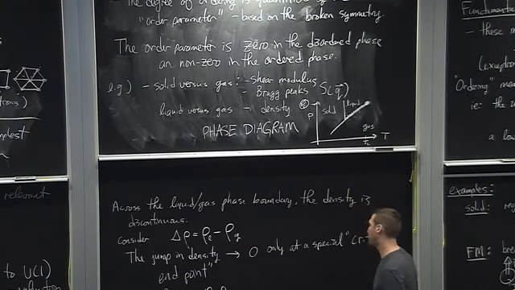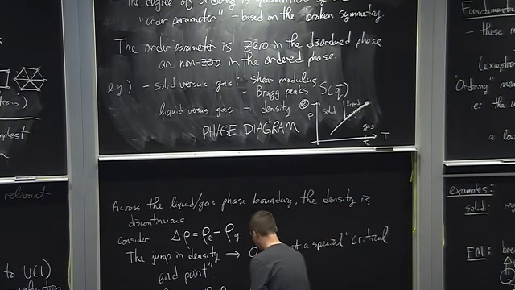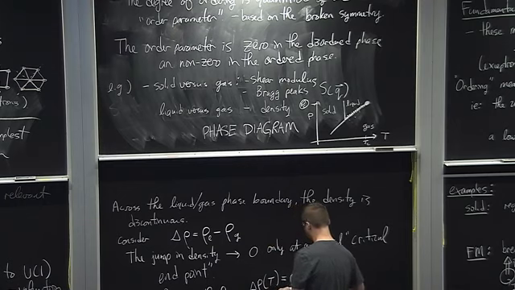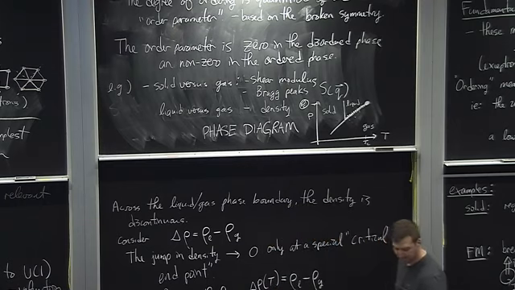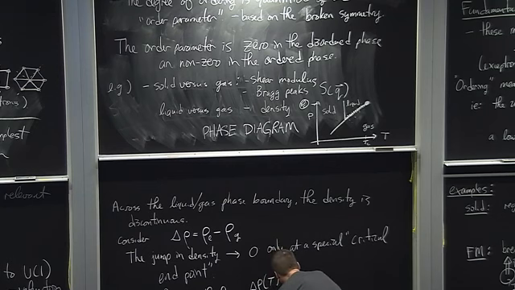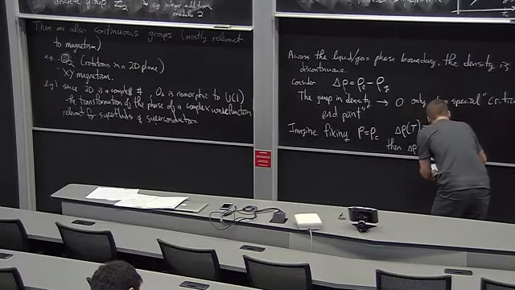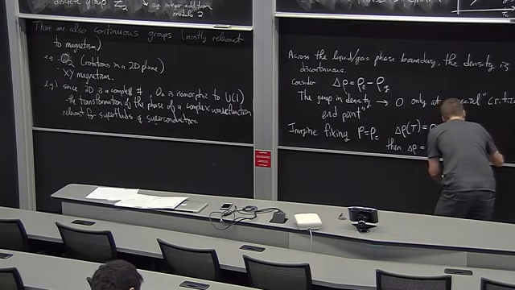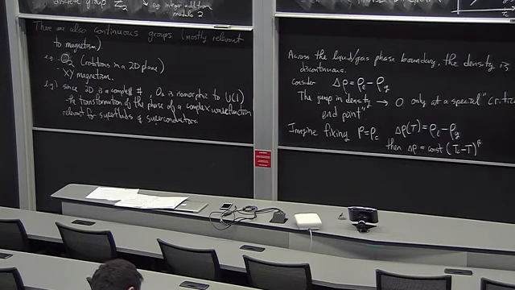So if I fix pressure to the critical point and I just vary delta rho as a function of T, then what you'll find is that delta rho goes like a constant times T_c minus T to some power. And imagine maybe I'm approaching it from above.